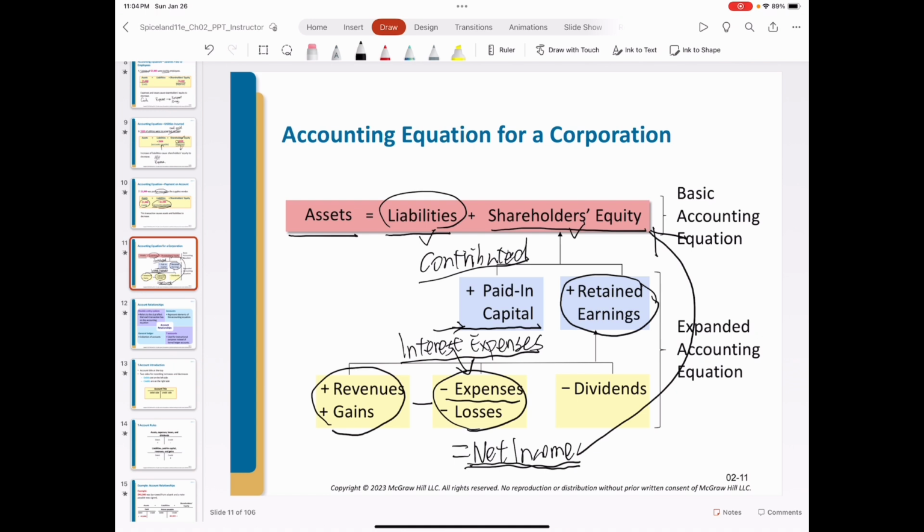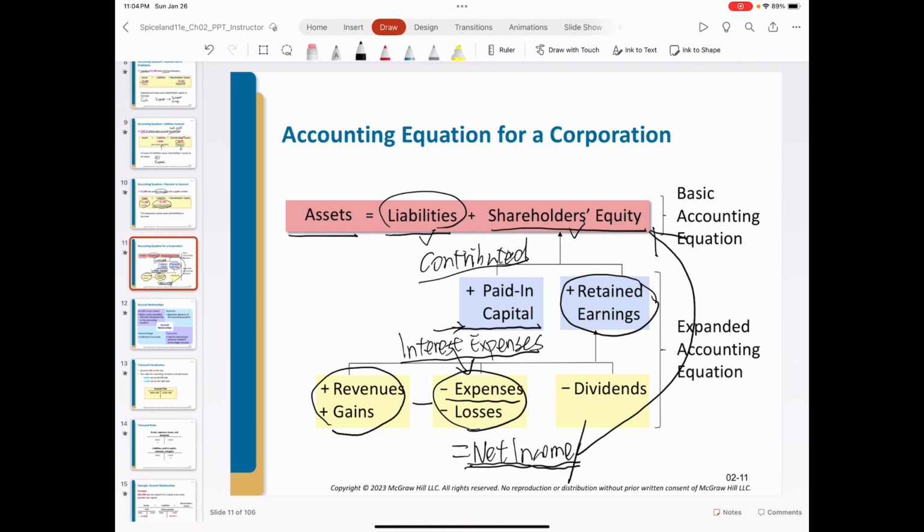The net income is a result after deducting all the expenses from revenue and gains, including interest expense, while only shareholders or the owner has a claim to the profits. If a company has net income, it indicates the total revenue and gains is greater than the sum of expenses and losses.